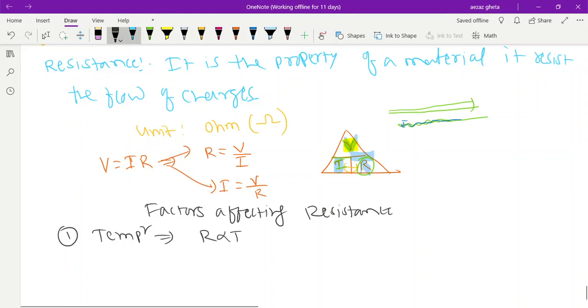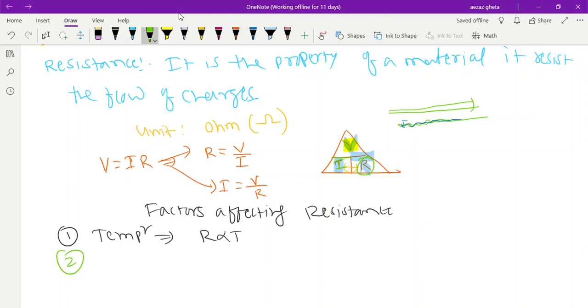More the temperature, more the resistance, because the electrons will get extra energy, and when they get extra energy, the collision between the electrons increases. This in turn increases the resistance. So when temperature increases, electrons get more energy, they move randomly here and there, very fast. During that, the collision increases.